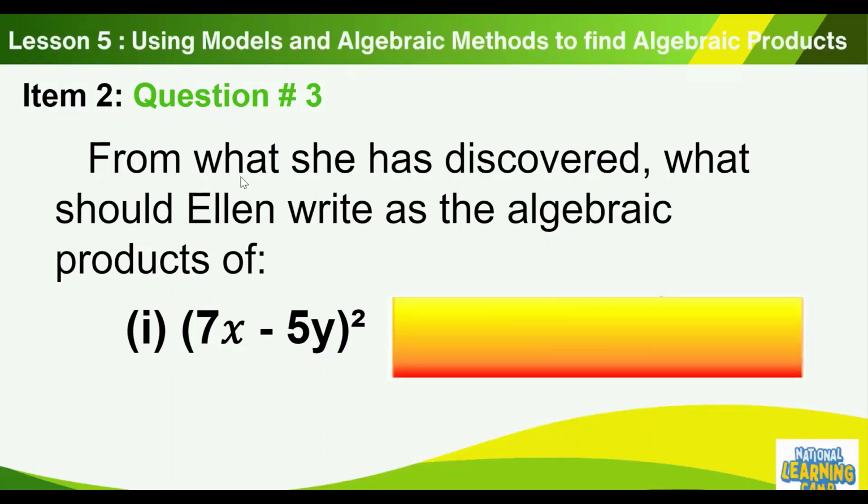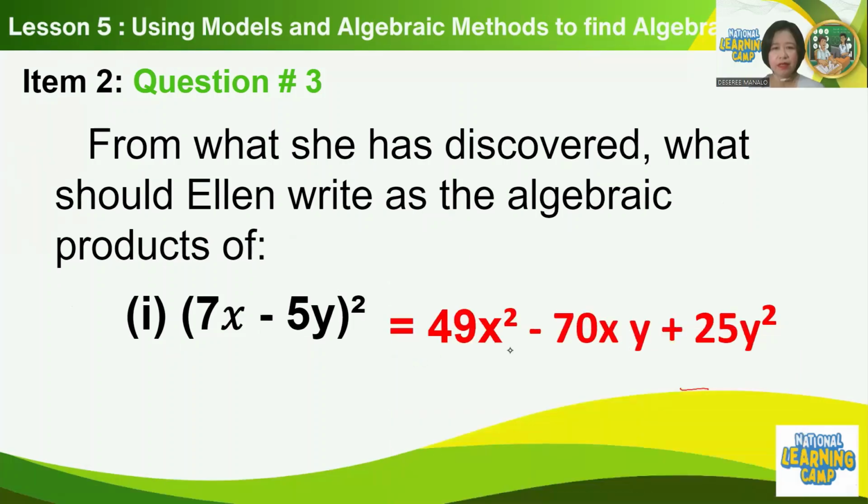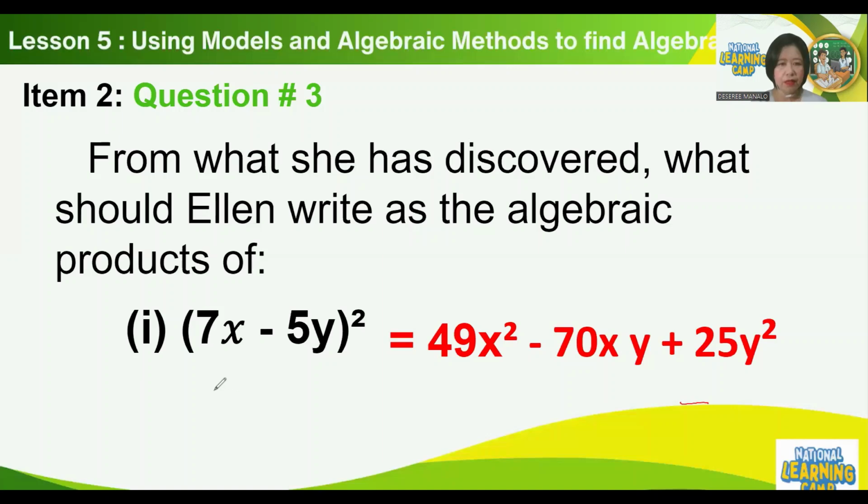So that's why we have the same answer, 4x squared plus 12x plus 9. Item 2, question number 3. From what she has discovered, what should Ellen write as the algebraic product of the square of 7x minus 5y? Our answer is 49x squared minus 70xy plus 25y squared. To get this answer, again square the first term, 7x, then twice the product of the first term and the last term, negative 5y, plus the square of the last term.